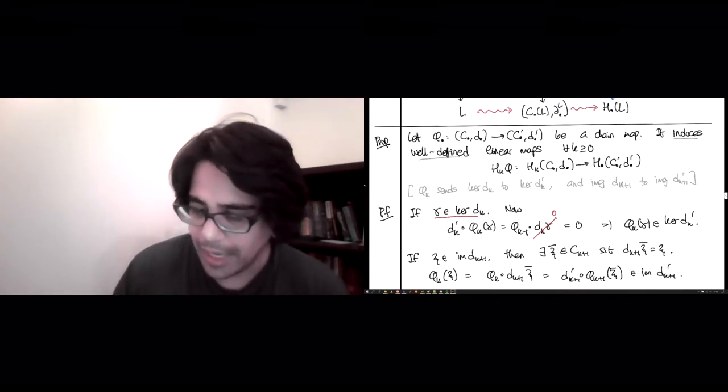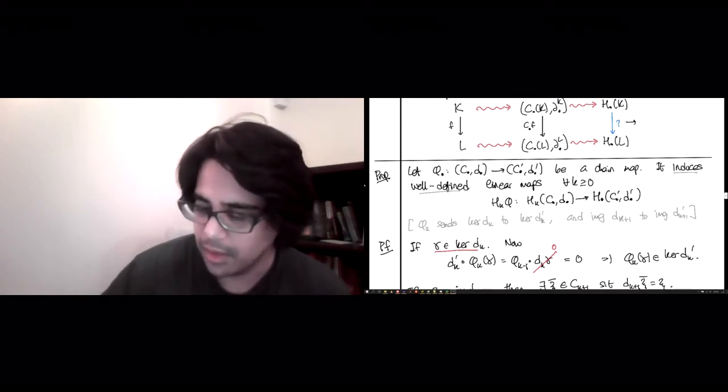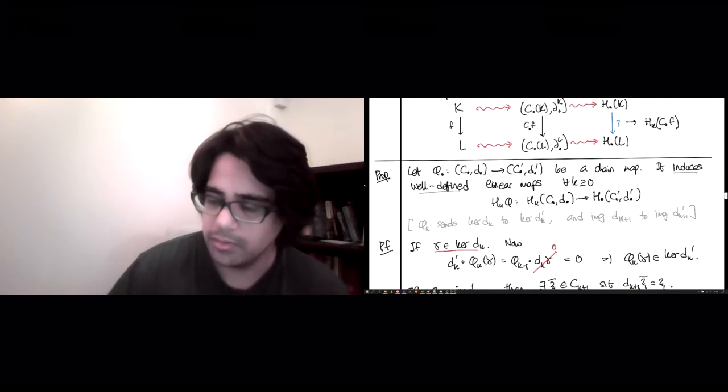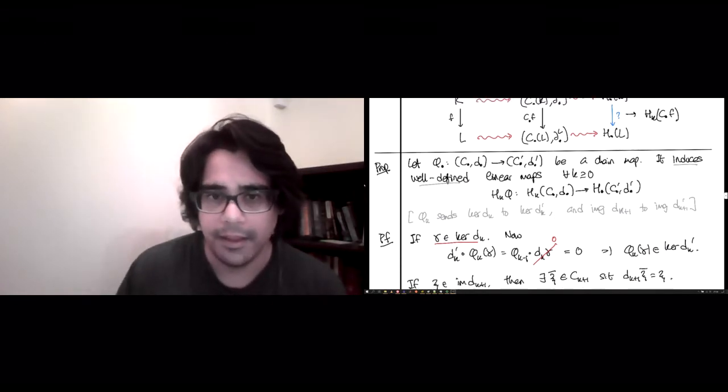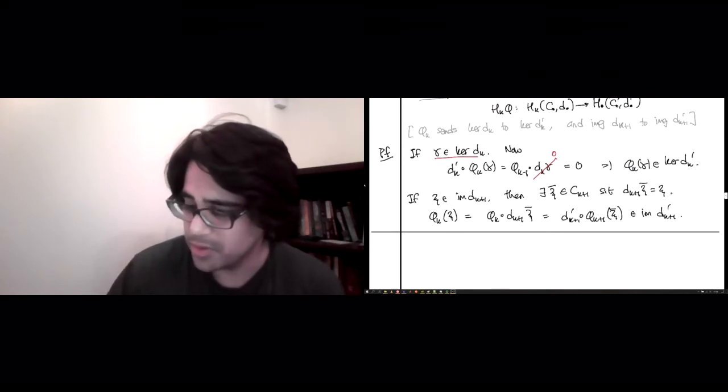And that is what goes over here in the third piece of the arrow. So H_k of C is what goes here, and now you're in good shape. So a few points to note.